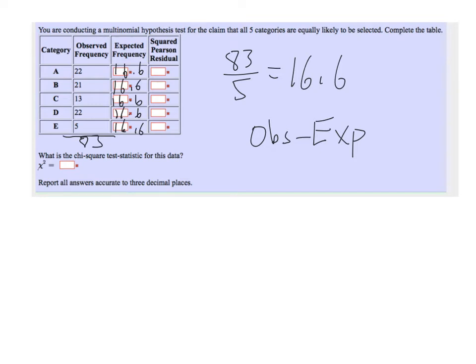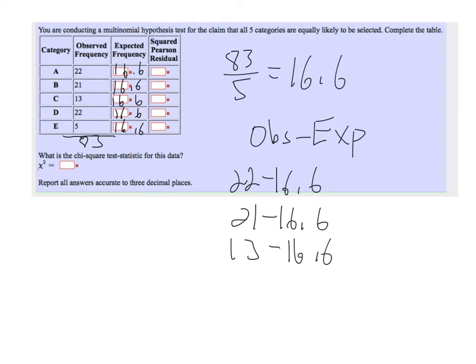So I'm going to do 22 minus 16.6, and 21 minus 16.6, and 13 minus 16.6, and so on and so forth. That's 16.6, not 16.2. So we'll do that subtraction.